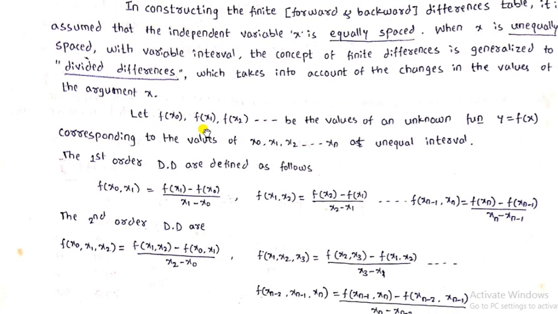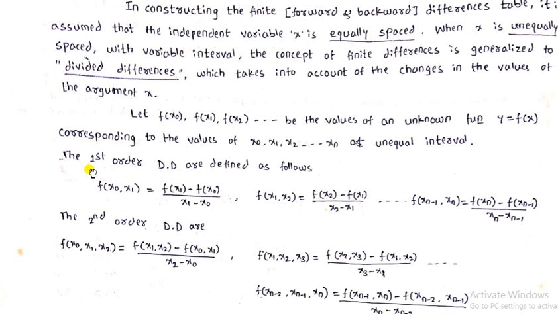Let f of x0, f of x1, f of x2, etc. be the values of the unknown function y equal to f of x, corresponding to the values x0, x1, x2 up to xn at unequal intervals.